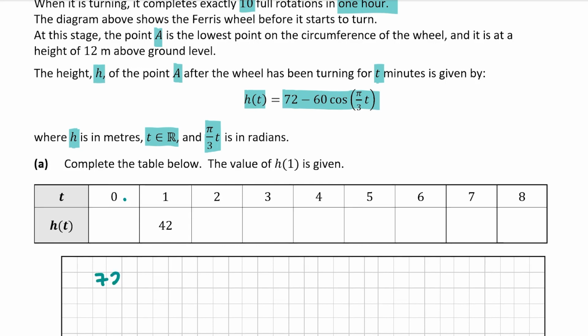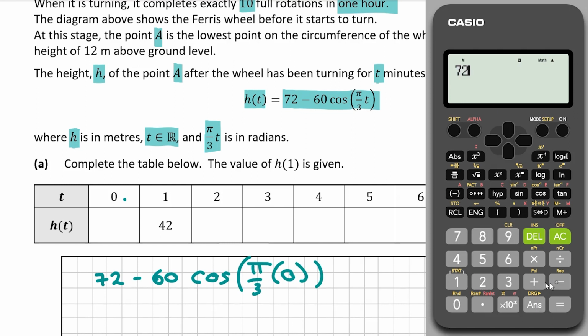So we can go 72 minus 60 cos pi over 3 t, where t is 0, and put this into our calculator. So h of t is 12 when t is 0.